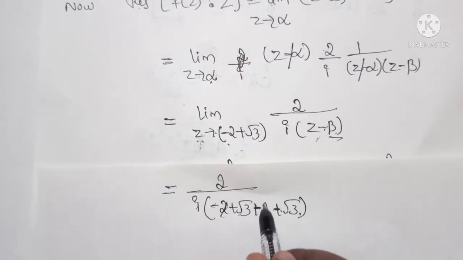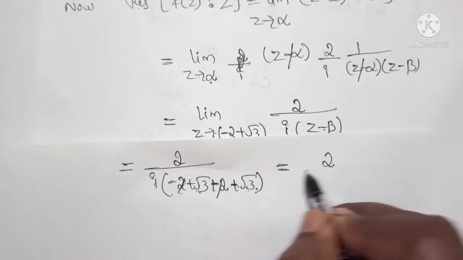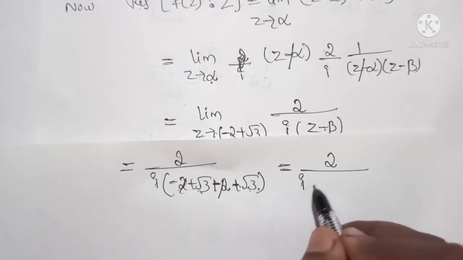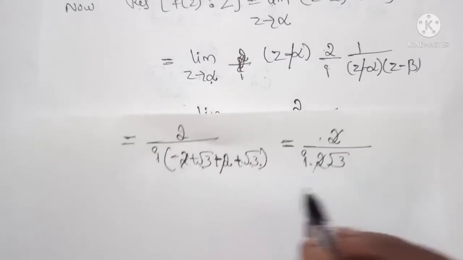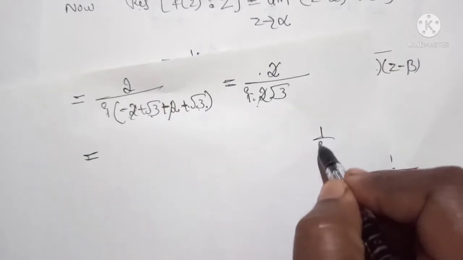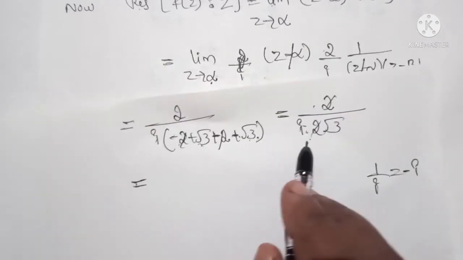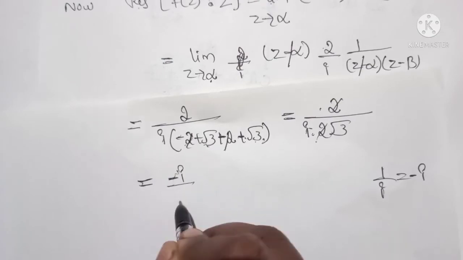Here minus 2 plus 2 cancels, we get 2 root 3. So it is 2 into i times 2 root 3, the 2 cancels, and 1 by i equals minus i. Substituting that value we get minus i by root 3.